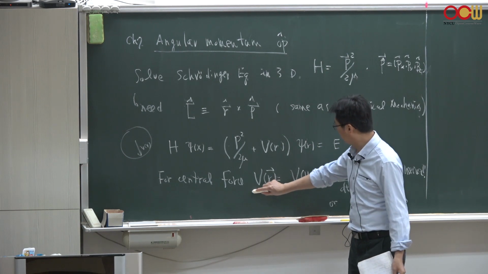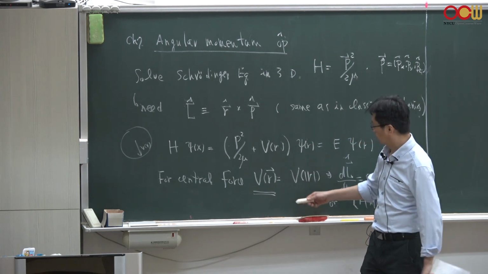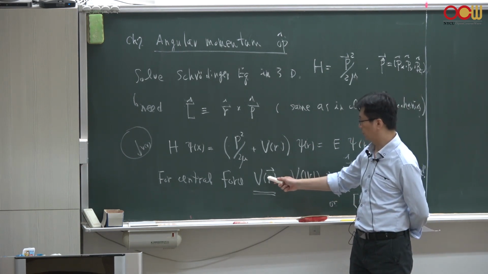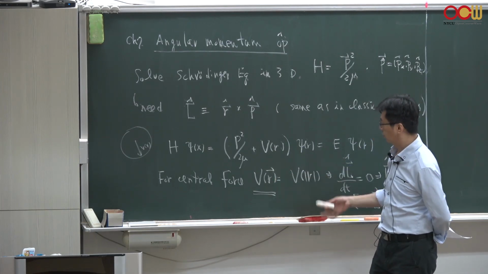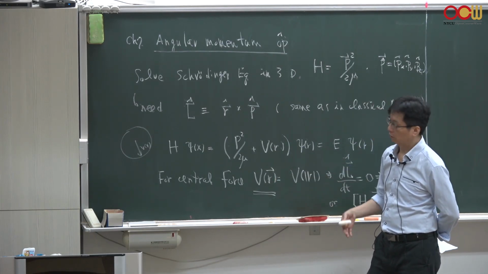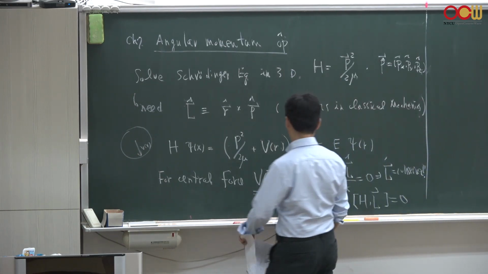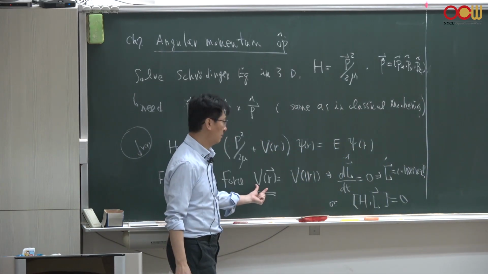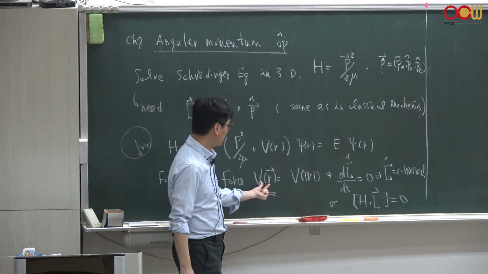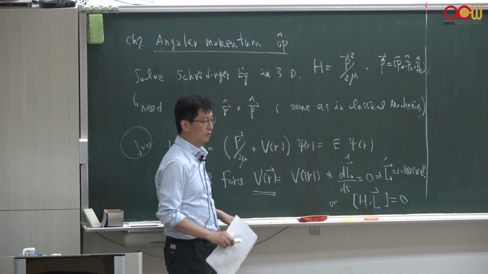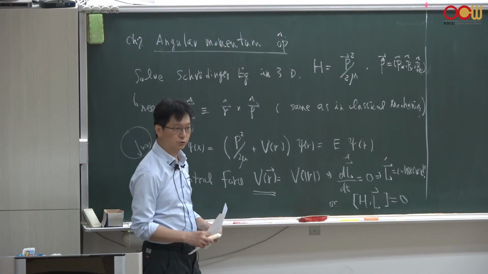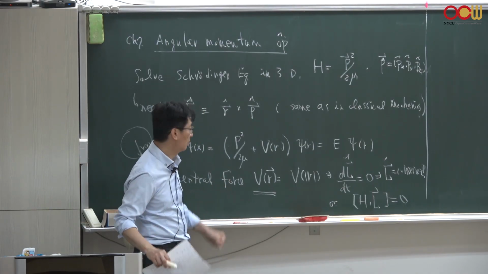In the central force problem, this potential term V(r) is, of course, a function of this vector r, but the central force, such as gravitational force or the Coulomb interaction in electromagnetism, has a special property that V(r) is actually only a function of the distance between these two charged particles, or between any two particles.